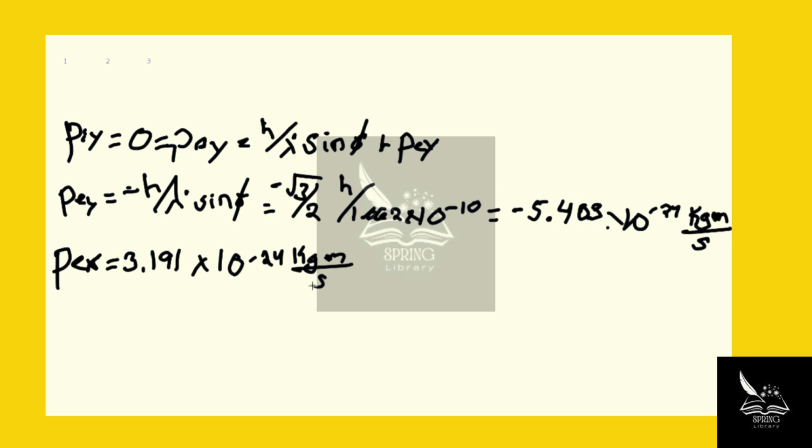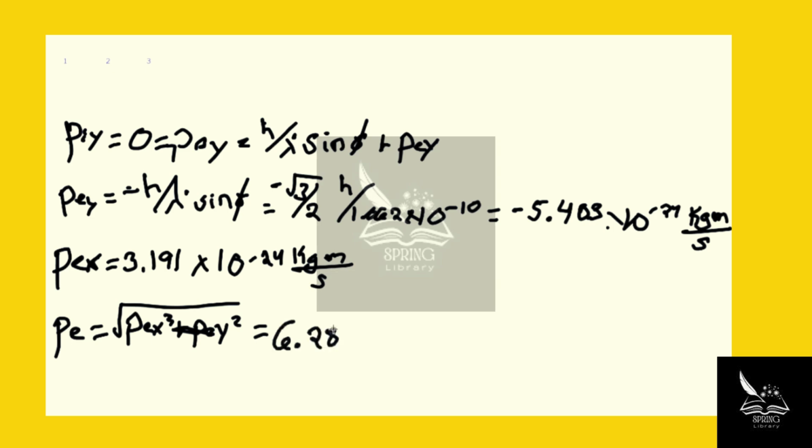To get the magnitude of the electron momentum, we just do P e is the square root of P e x squared plus P e y squared. And plugging in these values for P e x and P e y, we get 6.28 times 10 to the negative 24 kilogram meters per second.